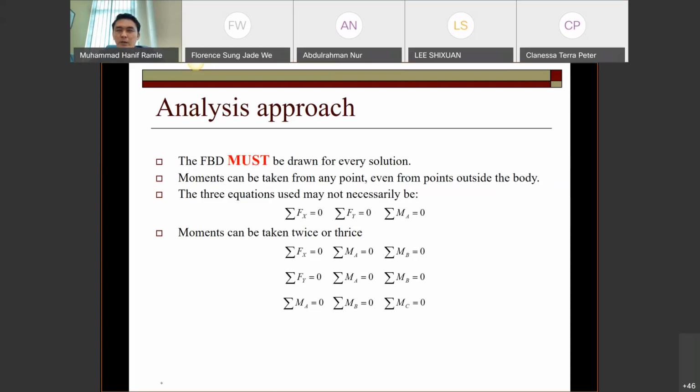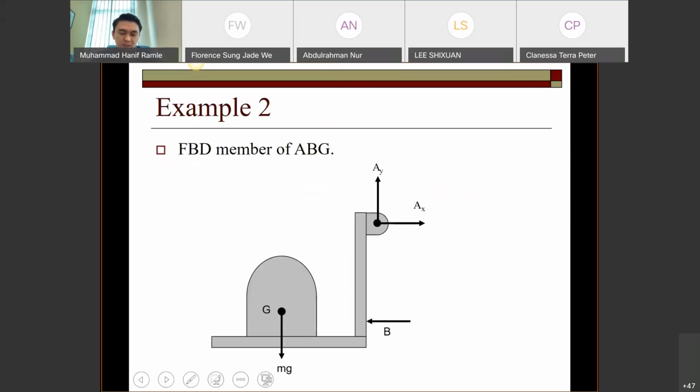We learn on how to know the DOF, degree of freedom. Based on the degree of freedom, you can determine how many reactions are involved in the system.